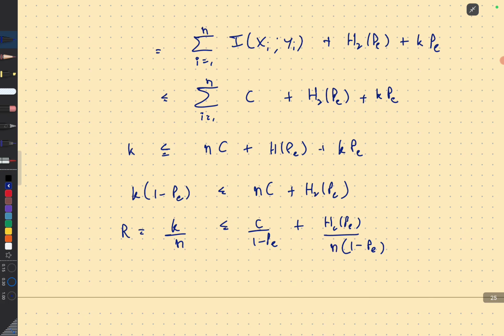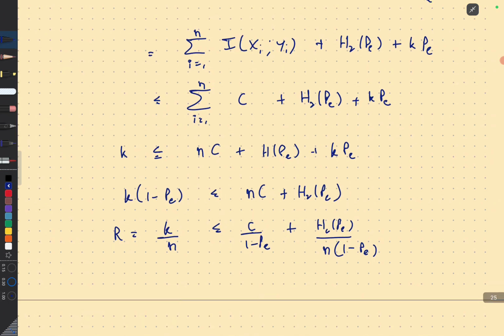N times 1 minus PE. So as n tends to infinity, if we want the probability of error to go down to 0 as n tends to infinity, then this is 1 minus little o of 1 plus something that vanishes as n tends to infinity.